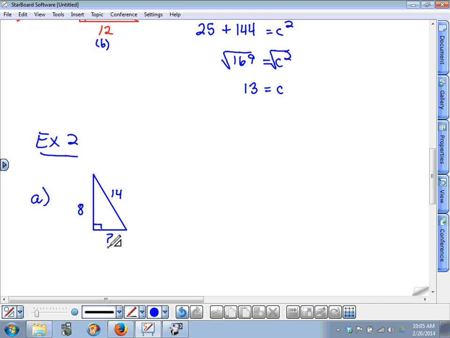What side are we searching for? A, B, or C? B. Well, let's rule out one. Are we solving for C? No. 14 is C. What are we going to call 8? A or B? Doesn't matter.